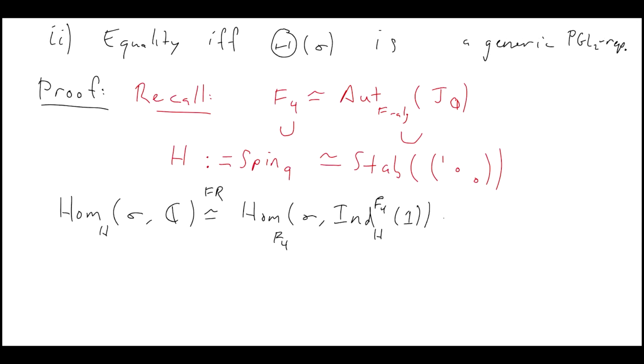We can dualize this Hom space. Now we're looking at maps from the compact induction from H to F4 of the trivial representation into the smooth dual of sigma.